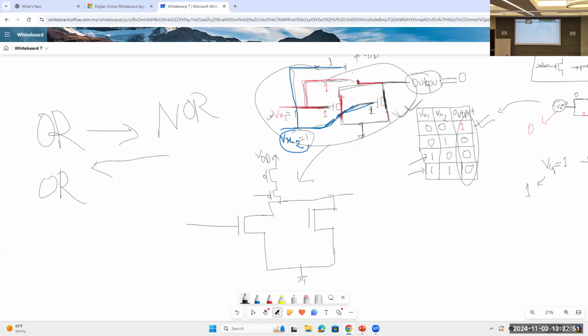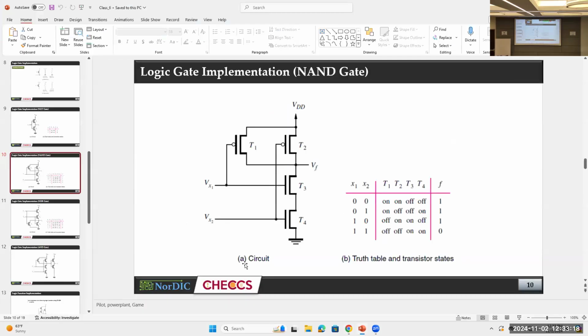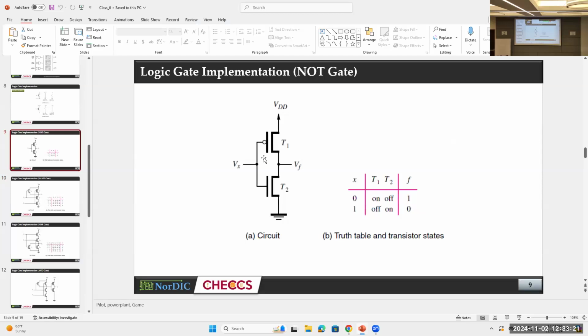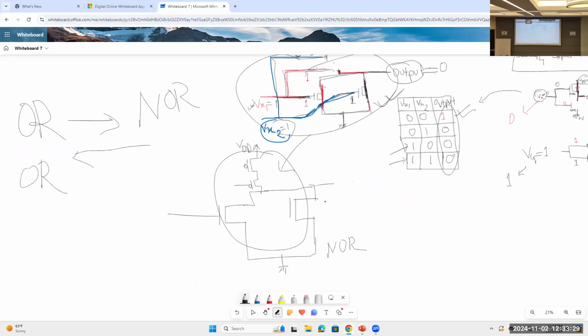Okay, so this is NOR, right? As I have told you, OR is the inverted operation of NOR. So from NOR, how should we get OR? We need to invert it, right? Exactly. We have already shown you an inverter, at the first circuit, the NOT gate or inverter.